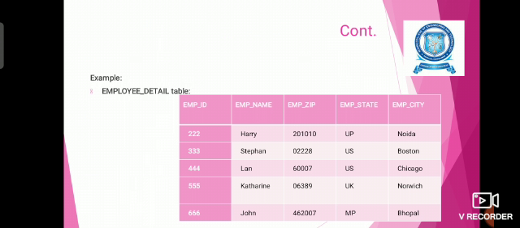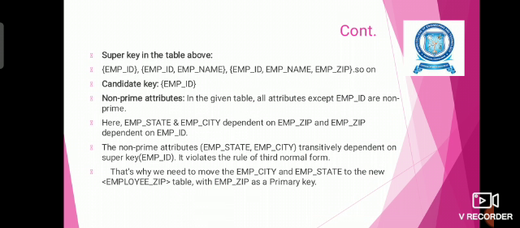So here we are going to consider the employee detail table. The employee detail table has the details like employee ID, employee name, employee zip code, employee state and employee city. Here the super keys in the table may be employee ID, employee ID with employee name, employee ID with employee name and employee zip, and so on.